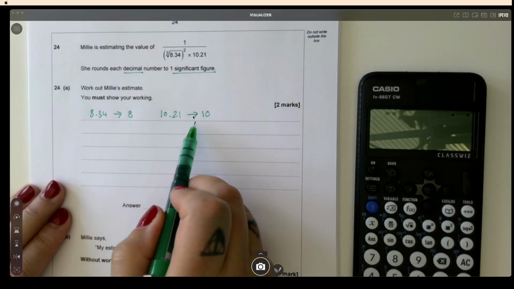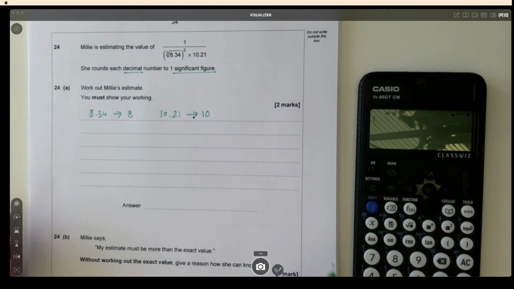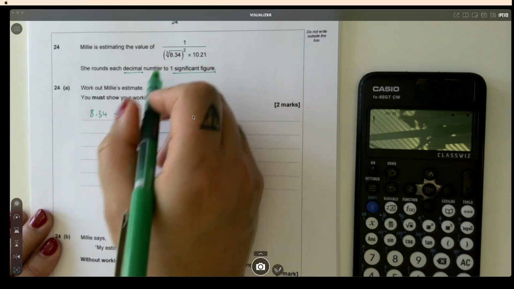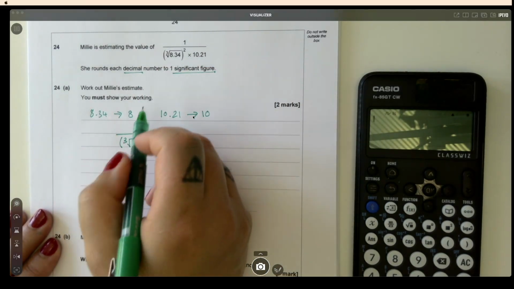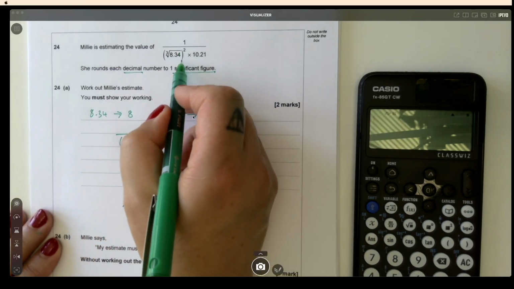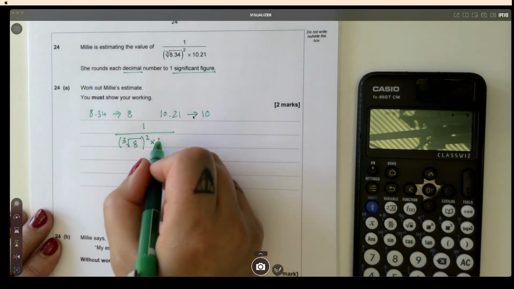Now we have them rounded to one significant figure, we're going to substitute them into this calculation. So we have 1 over, in brackets, the cube root of 8.34 we've rounded to 8, and then that's all squared, and then we're multiplying it by 10.21, but we've rounded that to 10.